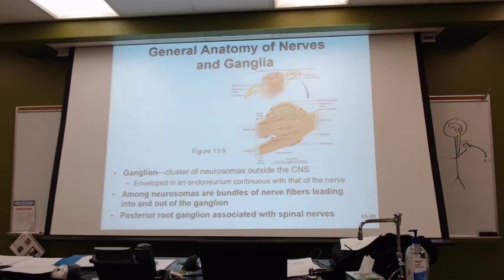That is the only muscle that I am referring to at this point in time. Okay? So, my posterior root ganglion, or i.e. the dorsal root ganglion, because dorsal means to the back, is associated with spinal nerves.